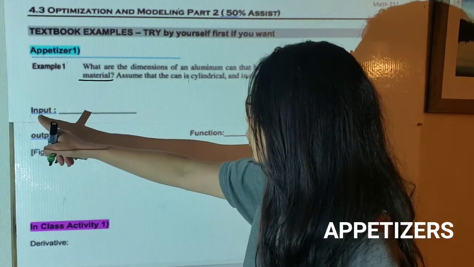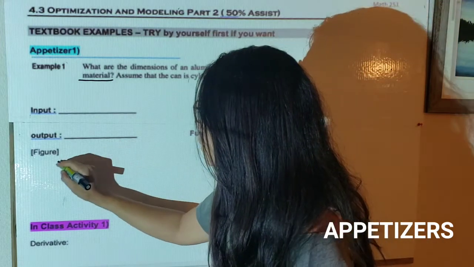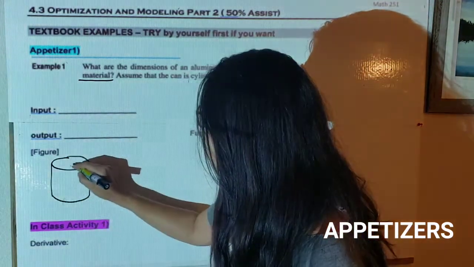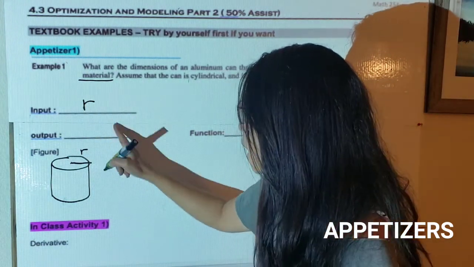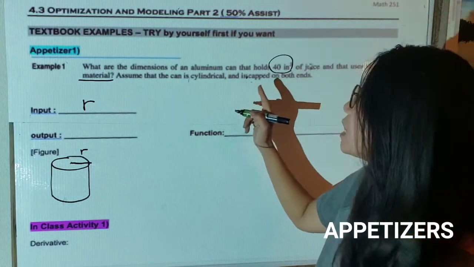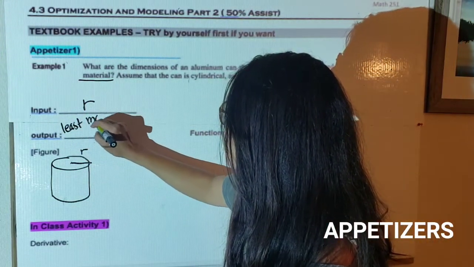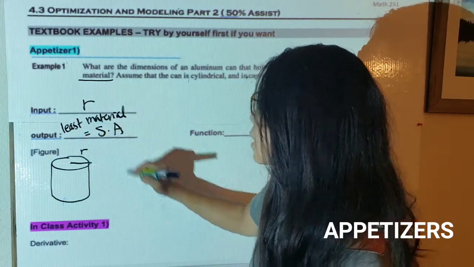So input, we have dealt with this one. What is the figure? I have a cylinder can. I'm going to call this R as an input, and then the output is going to be the least amount of material. Least material, what does that mean? Surface area, right?